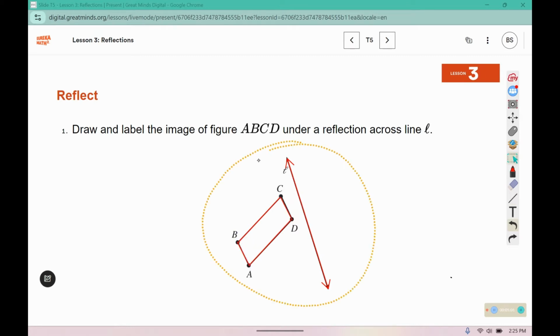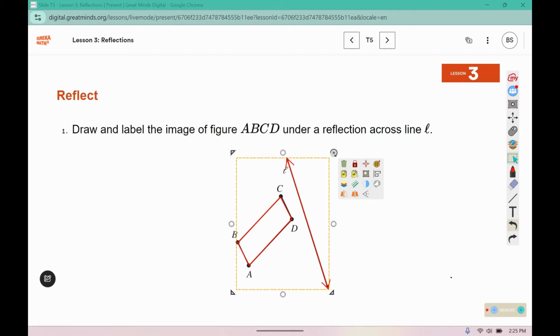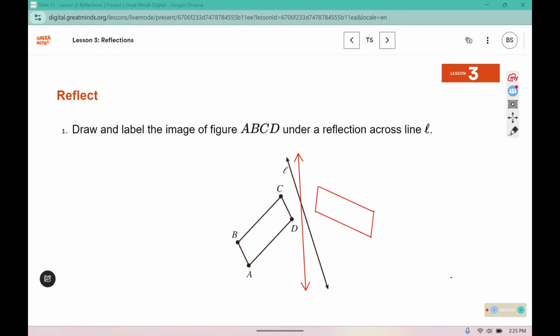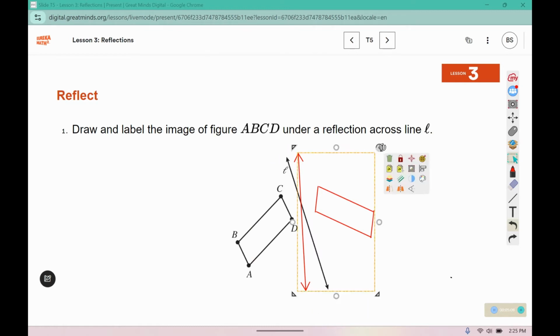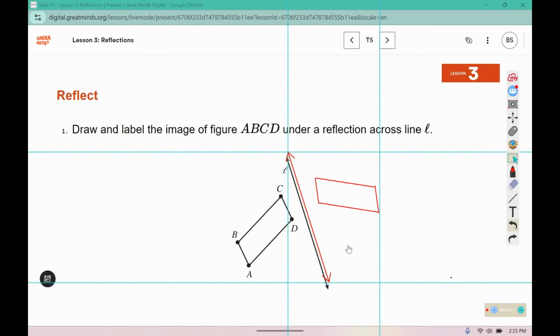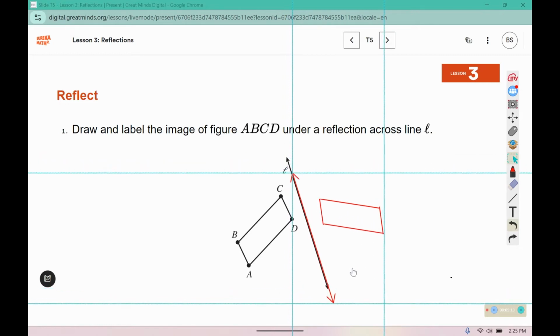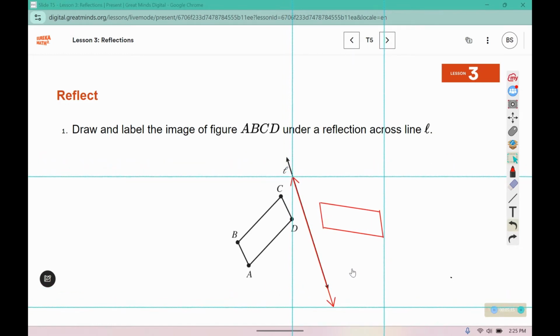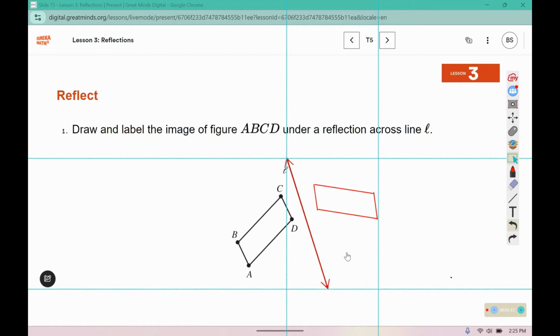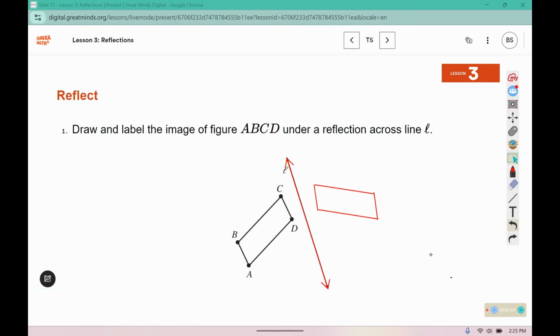Then we will take our tracing paper and flip it over. Now that my tracing paper is flipped over, I need to make sure that the line of reflection is lined up with the line from before. So I don't want to be down here. I want to make sure that my line lines up perfectly on top of the line before.